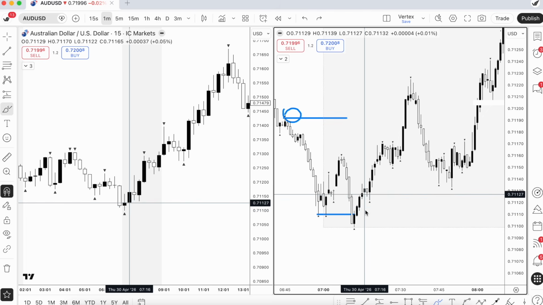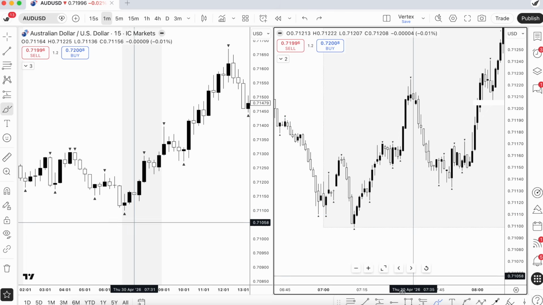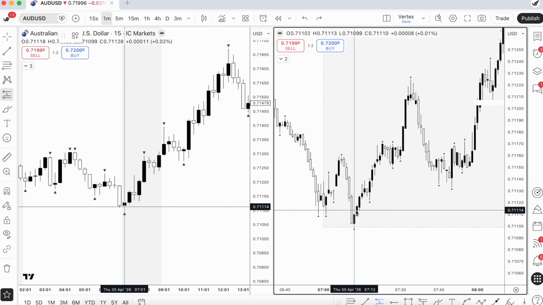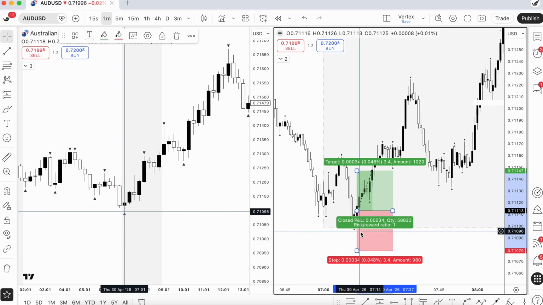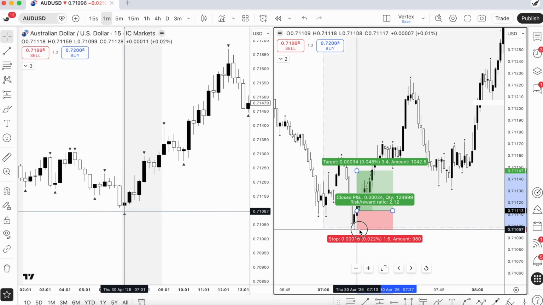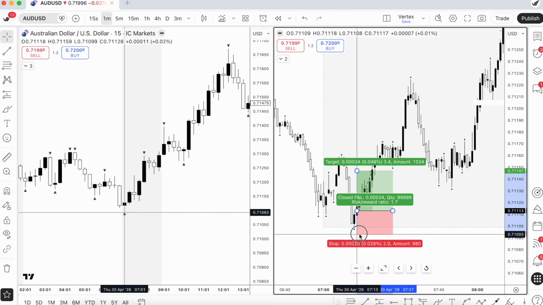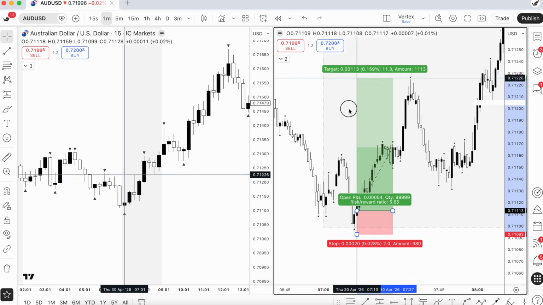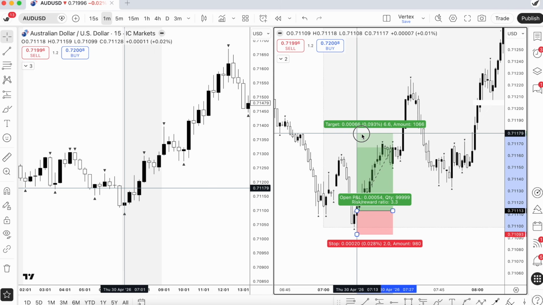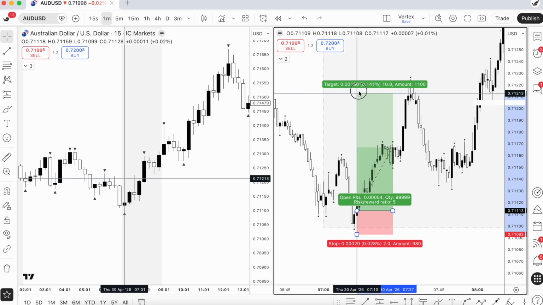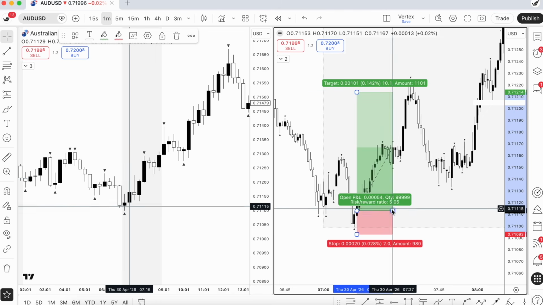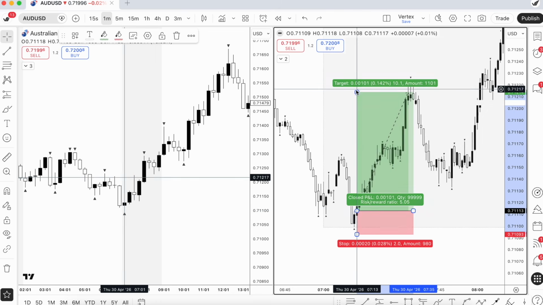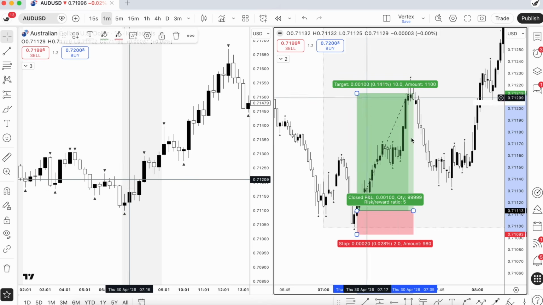But obviously you could have entered this trade manually. I'm just going to put it roughly because you guys should know by now how this works, with our stop loss 0.5 pips below the low, and because it's below 3 pips, we're aiming for 5R, which eventually hits somewhere about there on this candle.